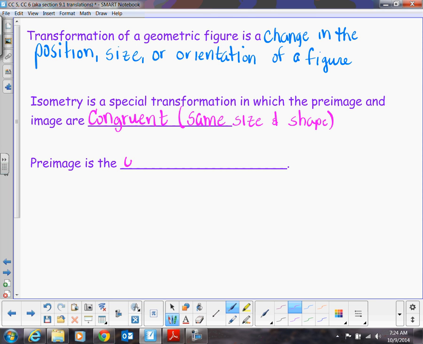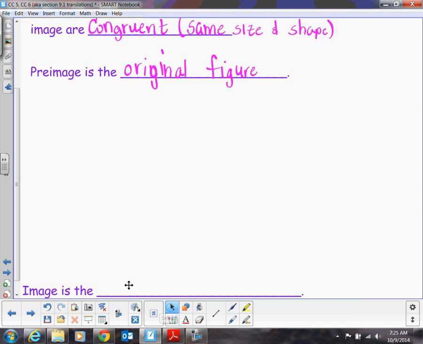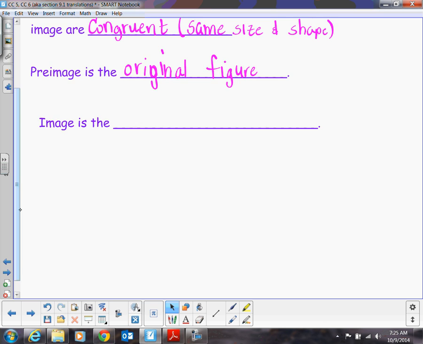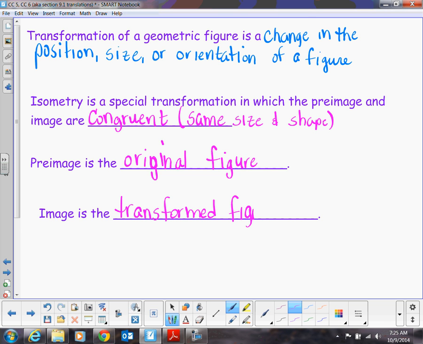The pre-image is the original figure. Pre for before transformation. I'm going to drag this up. Image is the transformed figure. How else could I say this?